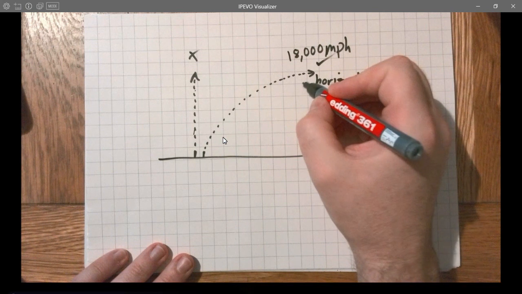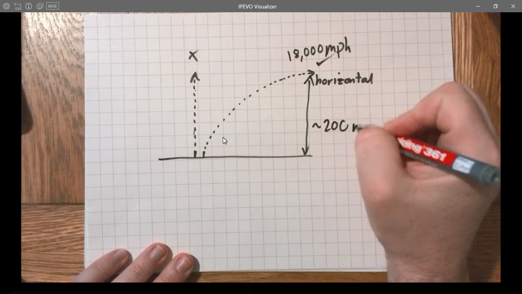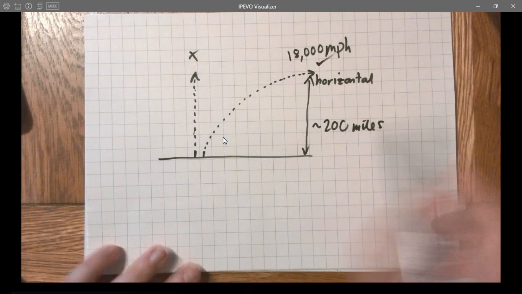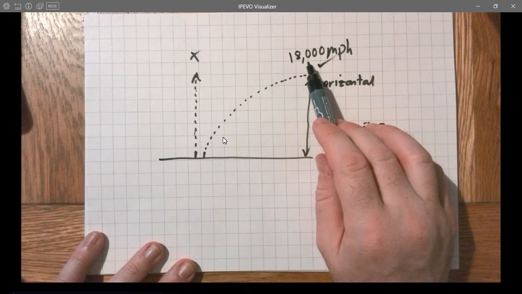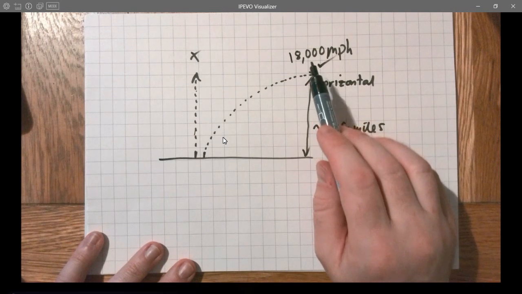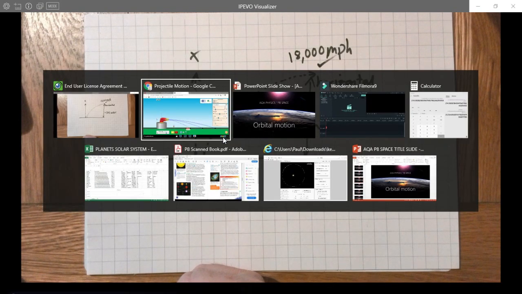And that's at the altitude of the space station, which is around 200 miles. That's a critical altitude to reach, and that's a critical horizontal velocity to be reaching. Now let's explore why, and once we understand this, we will understand orbital motion.